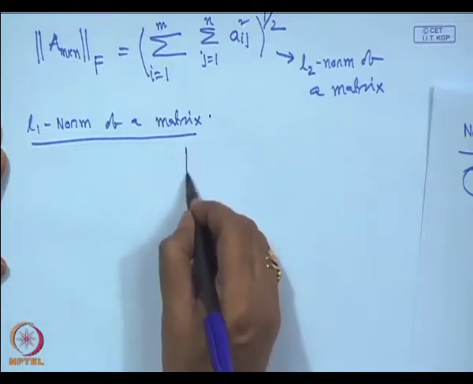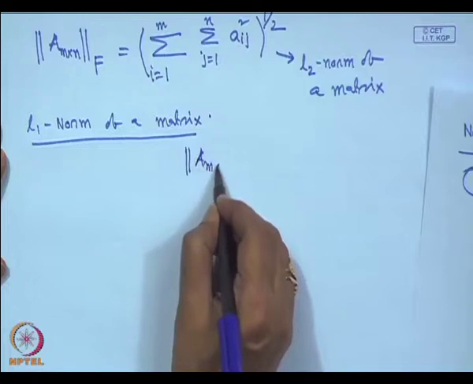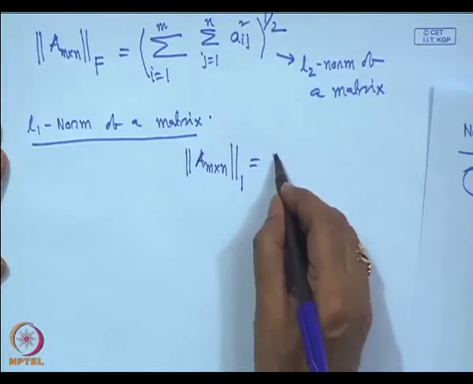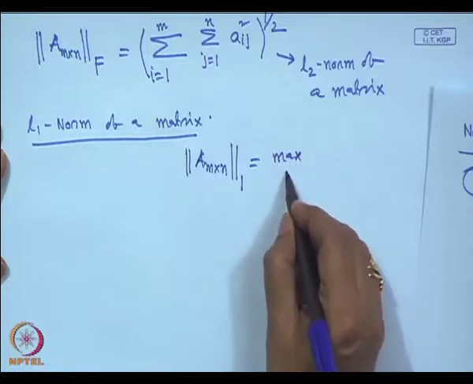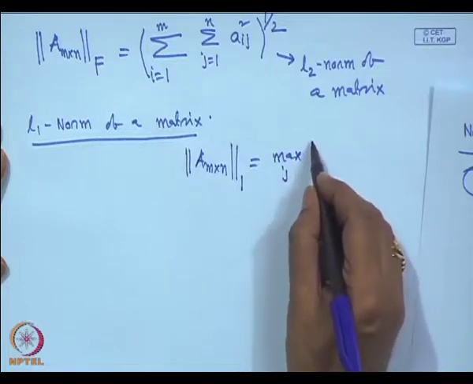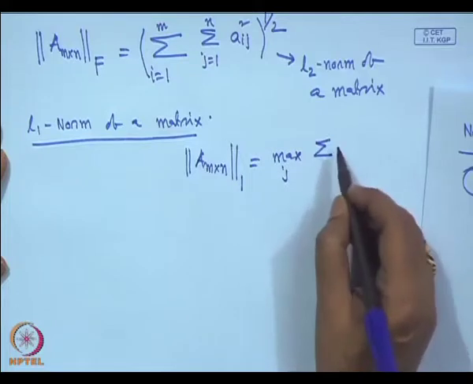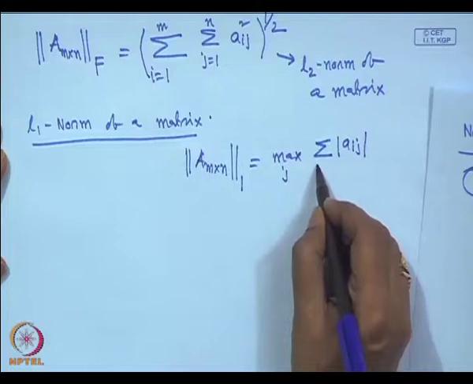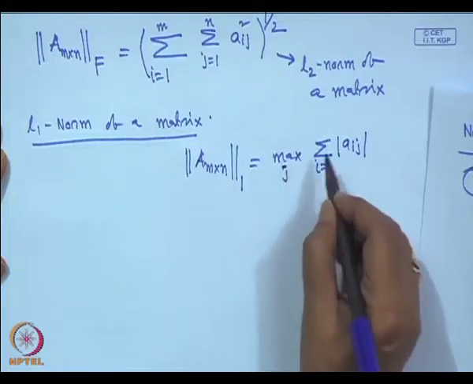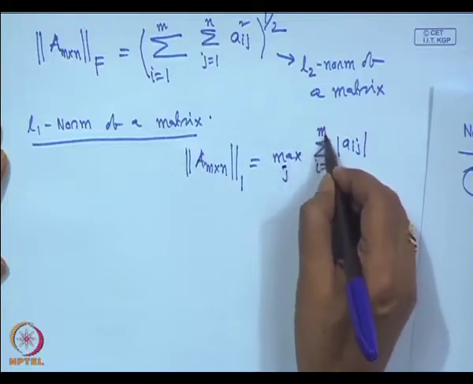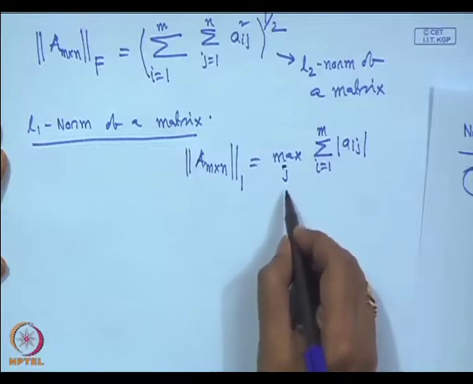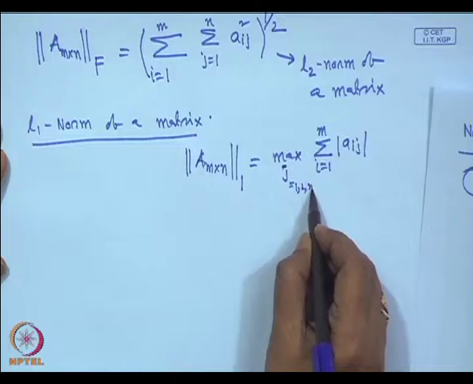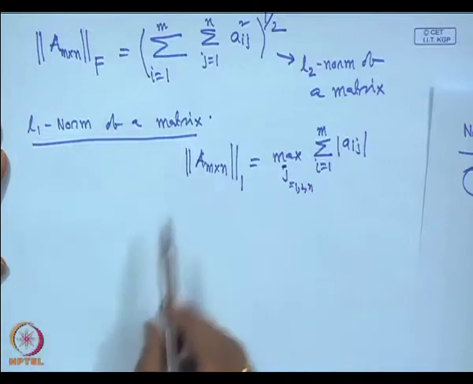That is denoted by A m cross n with subscript 1, equal to the maximum over j of the summation of mod a_ij, where i is equal to 1 to m and j is equal to 1 to n, because our dimension is m cross n.